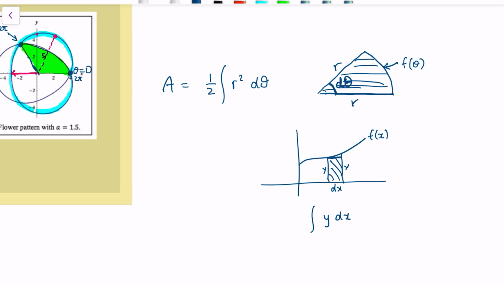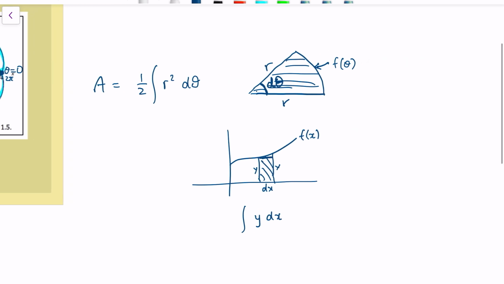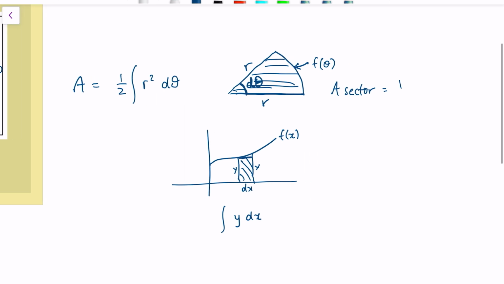Well, same thing here. If you want a sector, which is essentially a small sliver of a piece of pie, and we want to find the area of it, well, the formula for the area of a sector, if you're in radians, is a half r squared theta. And then we're just saying, well, hey, the angle's not theta, it's d theta, and if we integrate it, we get this formula here.